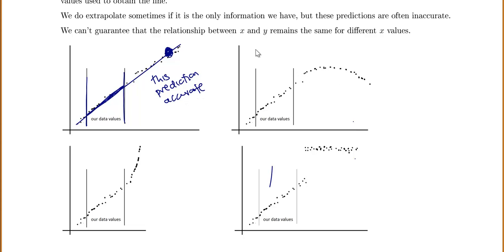But if I look at this example, that was only one possibility. Over here, if I fit the line again based on the data that I actually have, and now let's say I want to predict for this x value, is that prediction accurate? No.